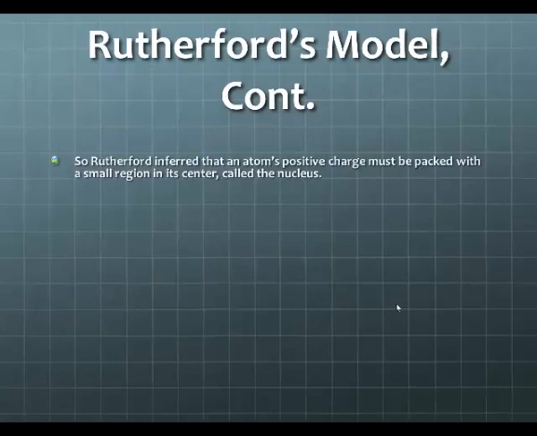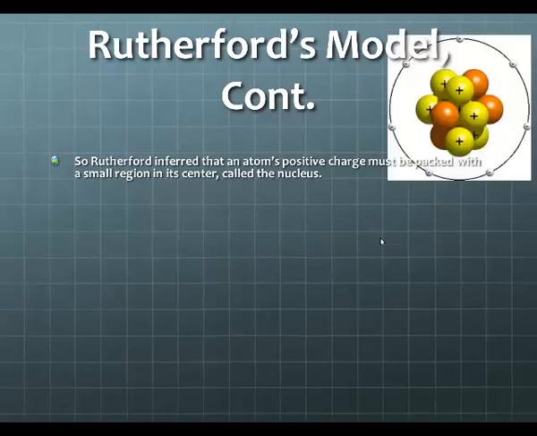So Rutherford inferred that an atom's positive charge must be packed within a small region in its center called the nucleus. So inside the nucleus, there's some positive charges.